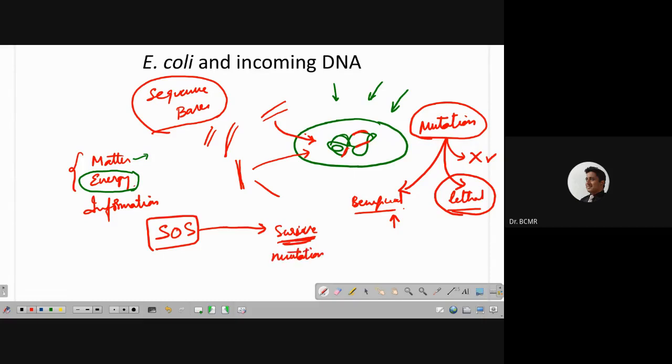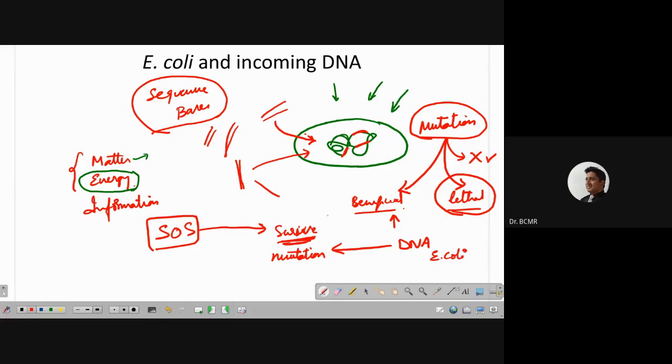If there are mutations, the cell might be very injured or slow growing. How can it become normal again? The only way it can become normal is to take up DNA from outside, DNA from its siblings.